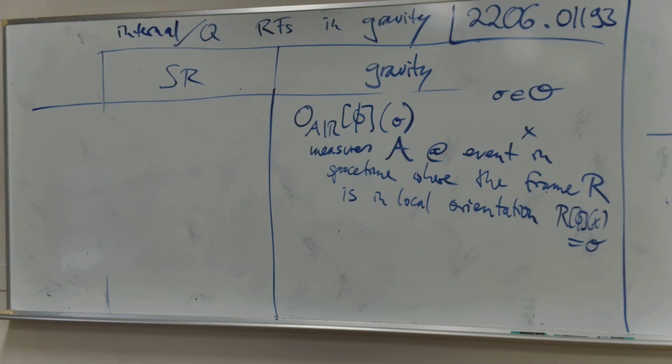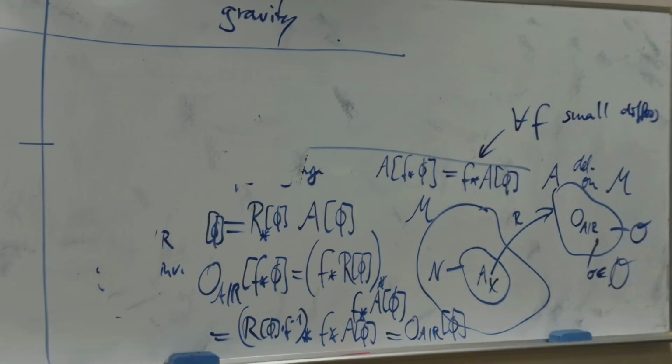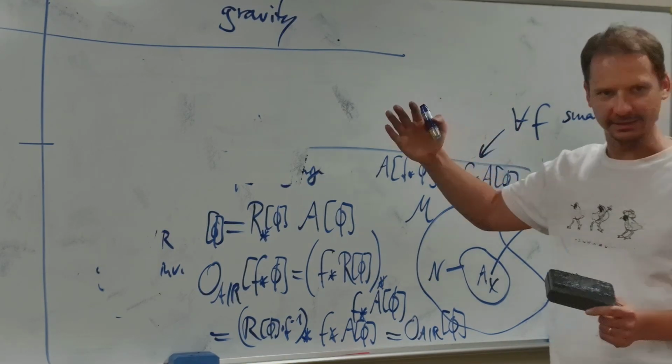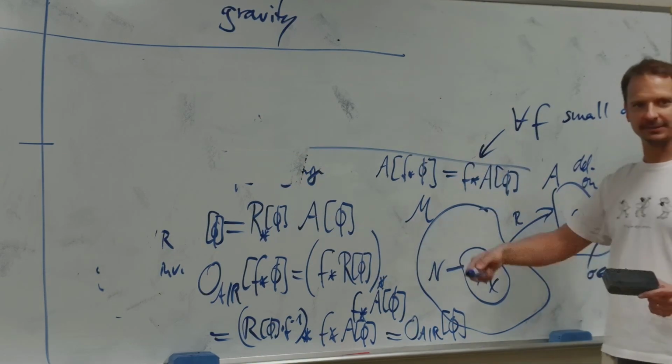Likewise, the gauge covariance of the frame that I wrote down for one F, I mean of course for all small diffeos. So again, like in the gauge theory case, it's an infinite dimensional group. So this is an infinite dimensional deparameterization that we're doing.